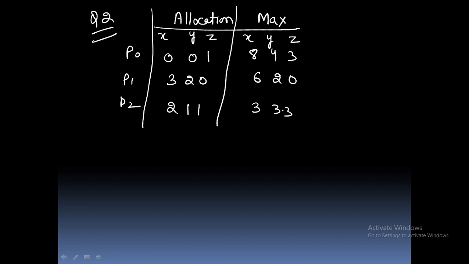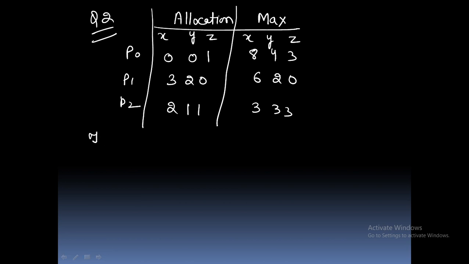In this question, an operating system uses the Banker's algorithm for deadlock avoidance when managing allocation of three resources X, Y, Z. Three processes are P0, P1, P2, and the table given below presents the current system state. Here the allocation matrix shows the current number of resources of each type allocated to each process. The maximum matrix shows the maximum number of resources of each type required by each process during its execution.